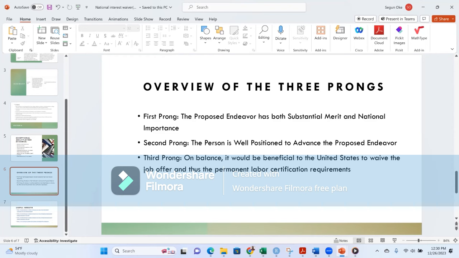For example, I'll use myself as an example. Number one, I'm a mathematical biologist. So it simply means, in my proposed endeavor, I can work as an epidemiologist, I can work as a mathematical biologist, I can work as a professor, I can work as a researcher, I can work in mathematical oncology, that is using mathematics to solve cancer problems.